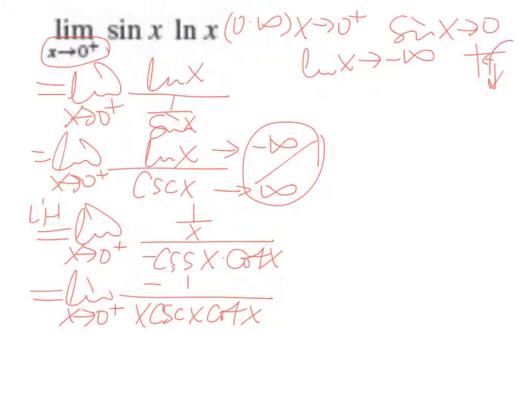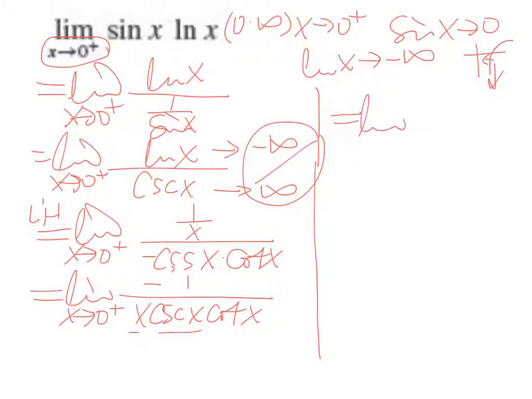Now this is getting a little bit more complicated, and harder actually to see, because x goes to 0, cosecant of x is undefined, going to infinite, and you have x goes to 0. Well, this is not good because it's complicated.